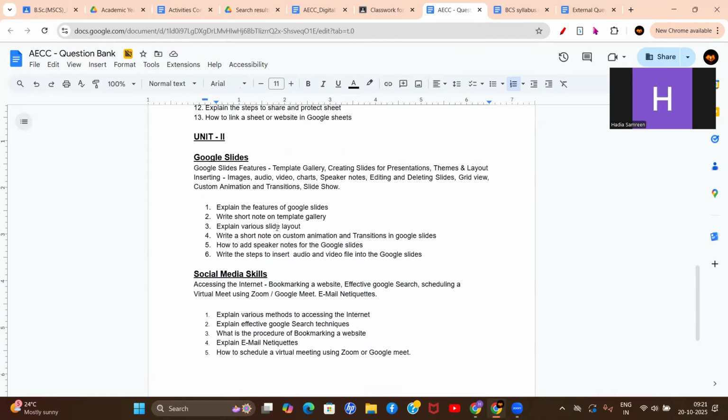So suppose from these two parts, if you learn the first part entirely, you will be able to answer the question from the second unit for sure.